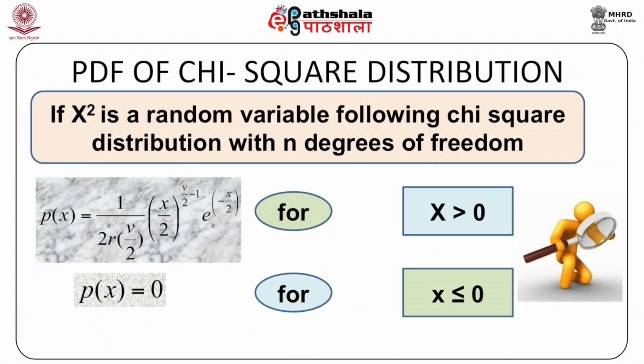P of x is equal to 1 upon 2 gamma nu by 2, bracket x by 2 to the power of nu by 2 minus 1, e to the power of minus x by 2 for x greater than or equal to 0, and 0 otherwise.